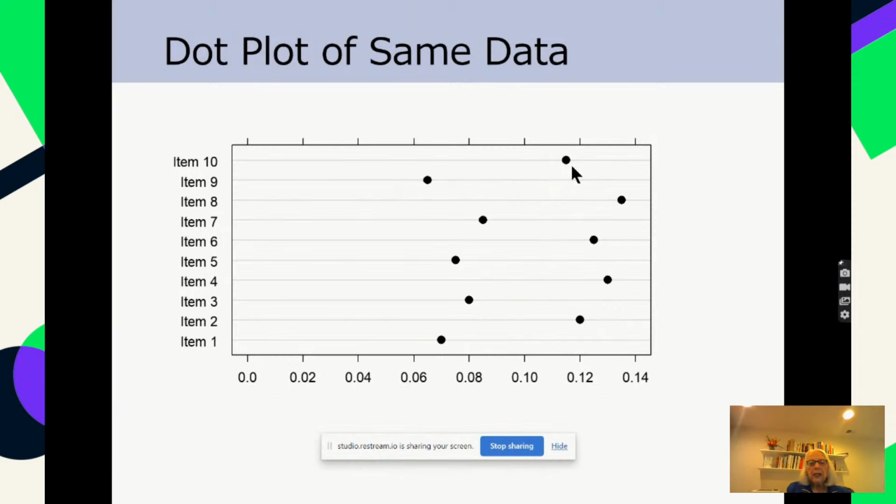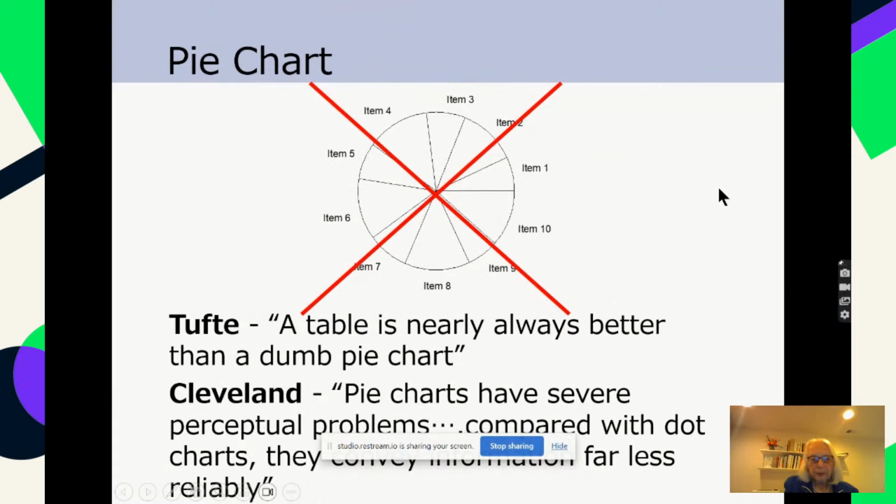Each even one is exactly 0.05 larger than the corresponding odd point. So we have a very structured data set that jumps at you in the dot plot. Nobody can see that in a pie chart. So again, pie charts do not communicate very well.